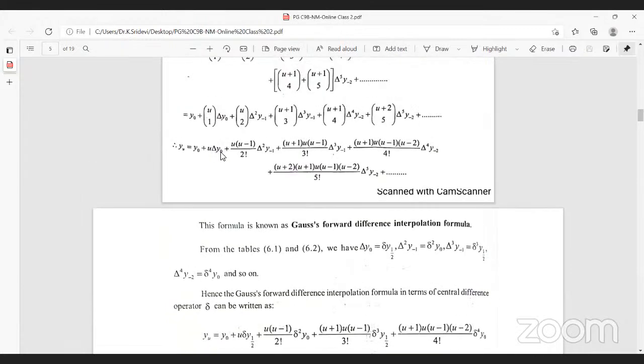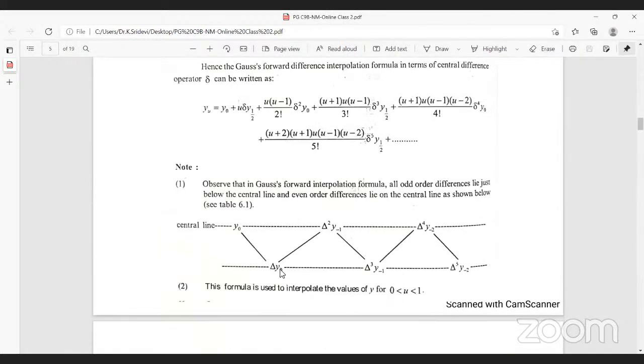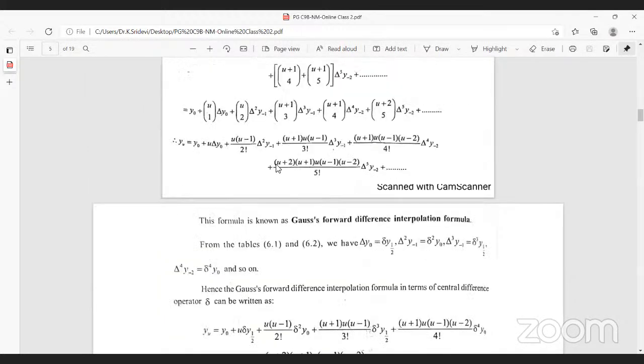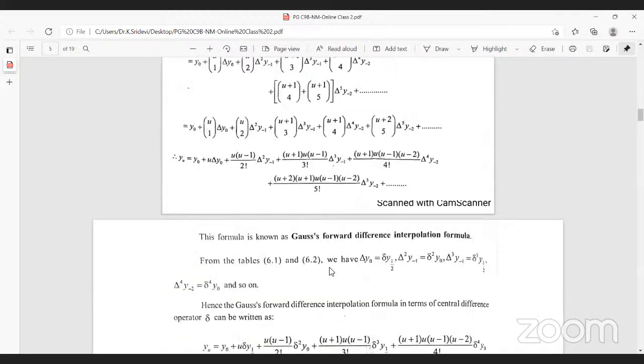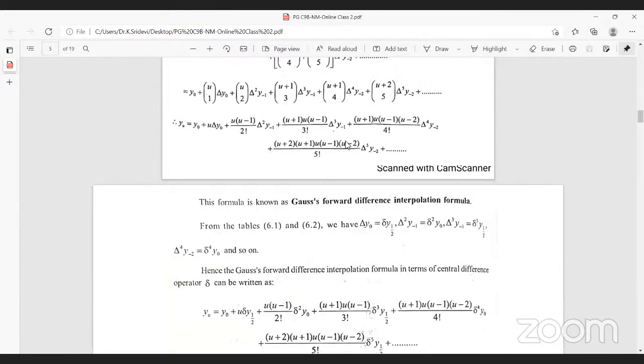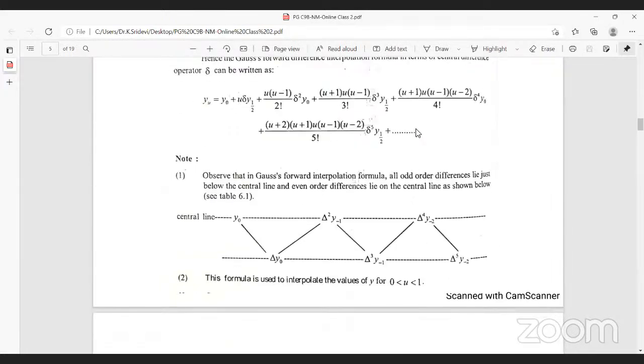In the second term, delta Y naught is there. In the third term, delta square Y minus 1 is there. In the fourth term, delta cube Y minus 1 is there. In the fifth term, delta to the power 4 Y minus 2 is there. So anyway, these are all forward differences involved in the formula.